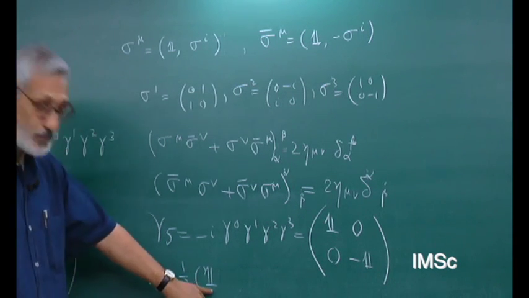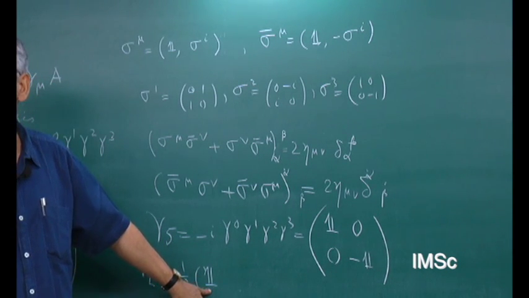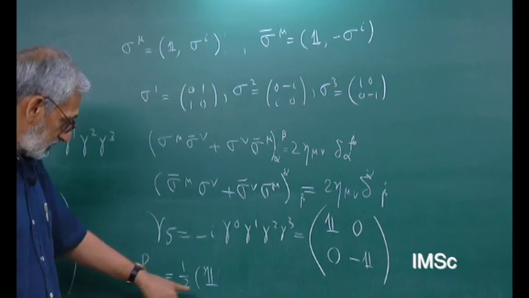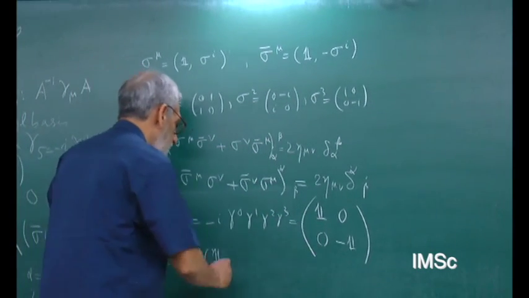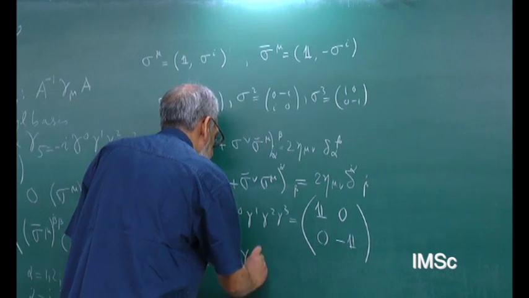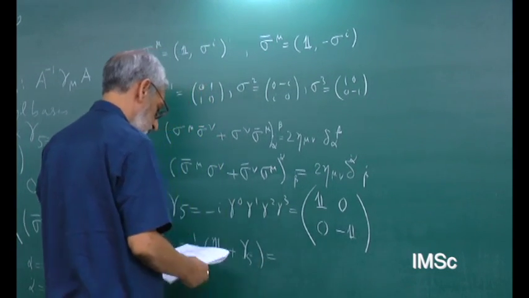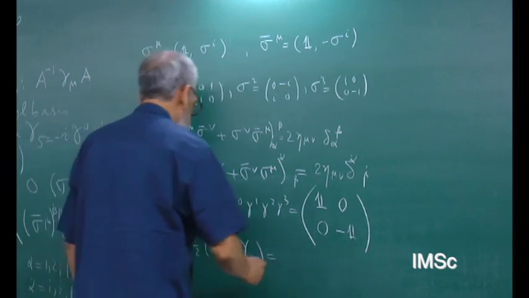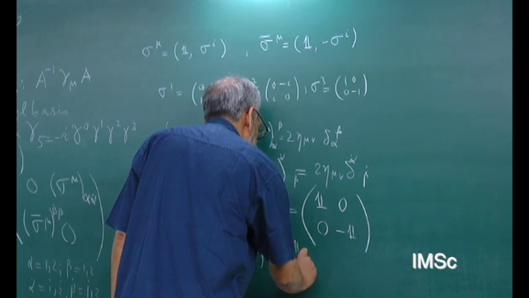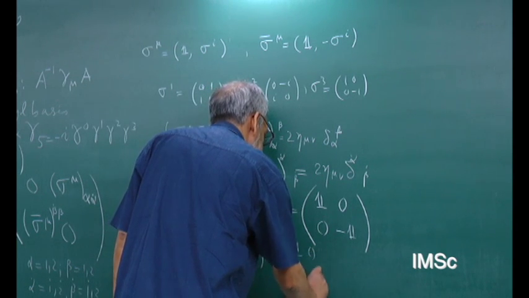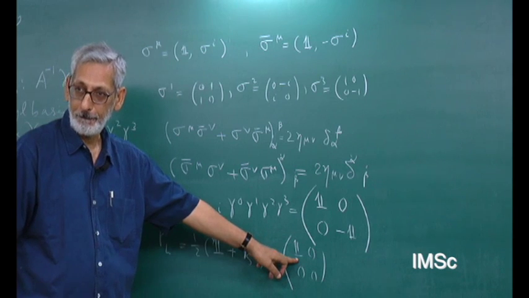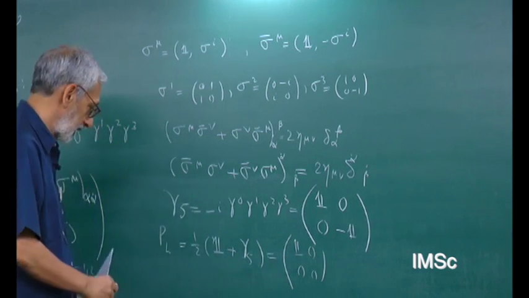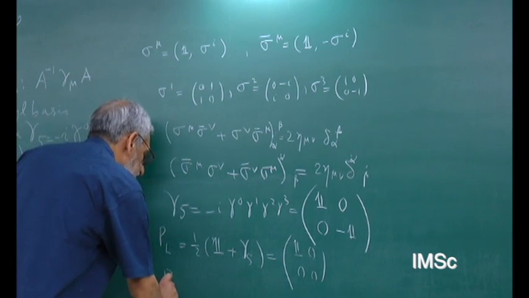I will be using the same symbol for the unit matrix; from context, you should be able to figure it out. Here it is a 2 cross 2 unit matrix. And the right projection is similar.